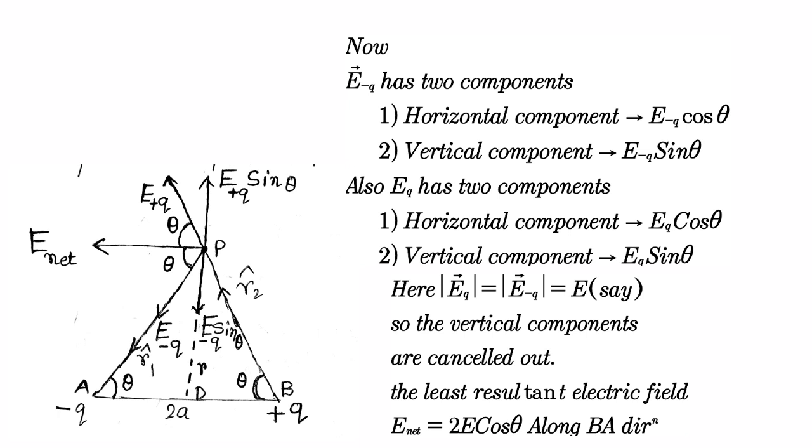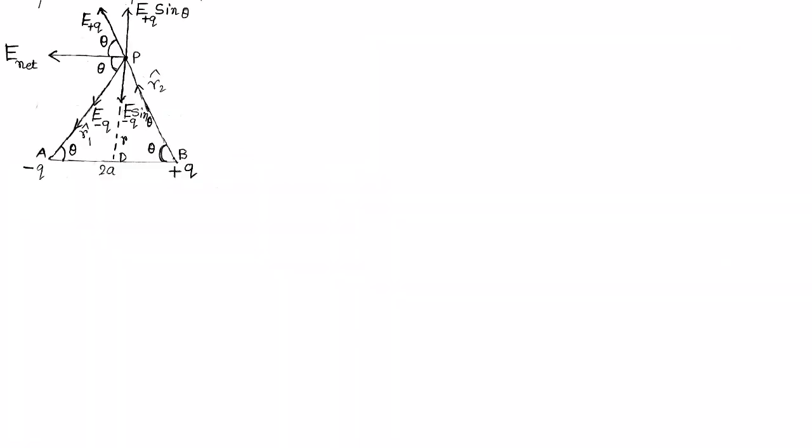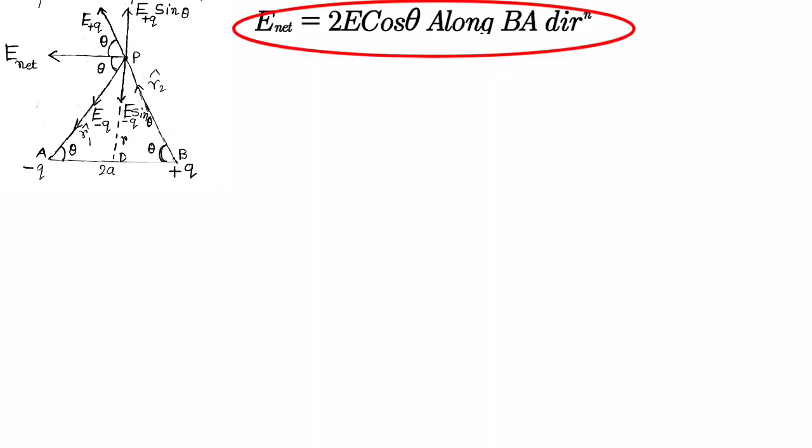Here the vertical components, which are E minus q sin theta and E plus q sin theta, are cancelled out because they are in opposite directions and have equal magnitude. Therefore, the net electric field E net is equal to 2E cos theta, which is along the BA direction.